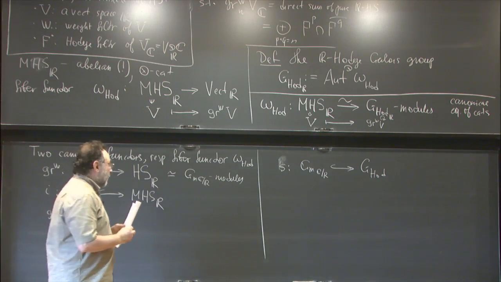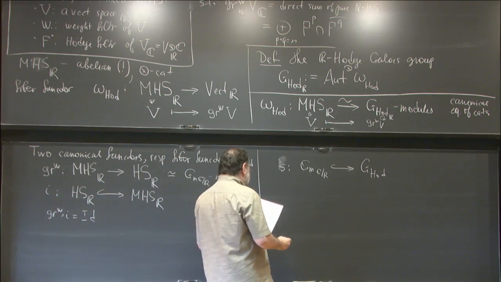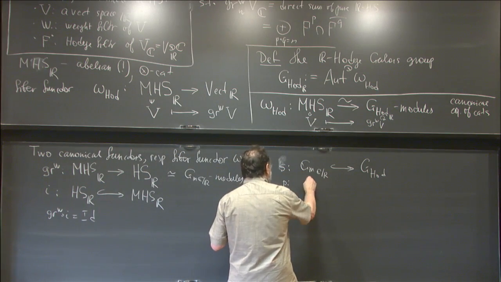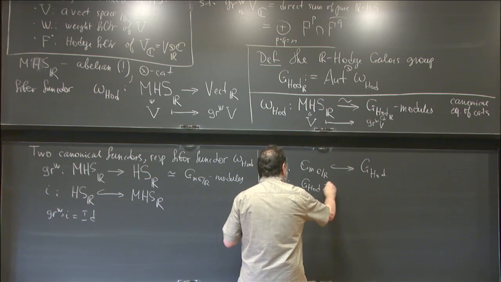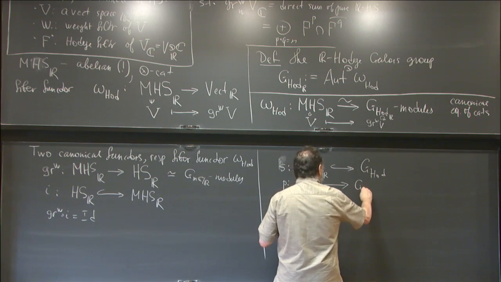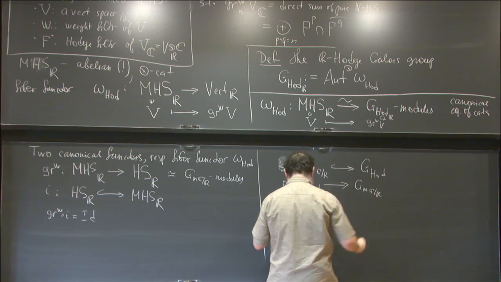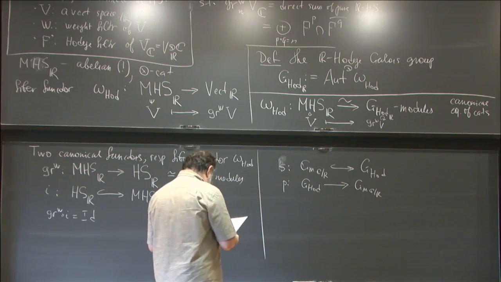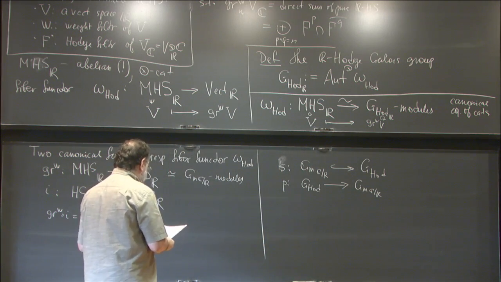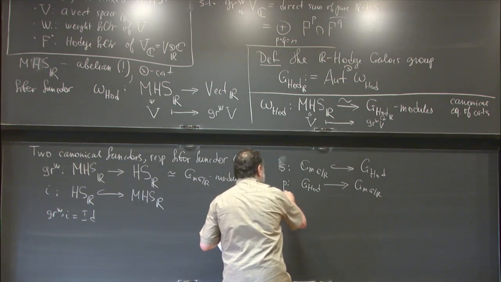Now we have the functor in the other direction, and therefore we have a projection from G Hodge to this G_m, C mod R. And therefore we get an extension. That's where I'm heading.